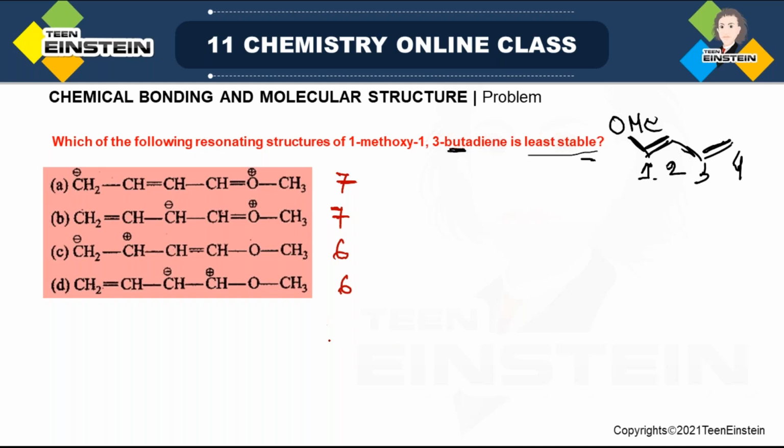Though you can say that in structures A and B there is positive charge over oxygen and oxygen is electronegative, remember, I have said that though there is positive charge, if the criteria for octet is maintained, or the criteria for maximum covalent bonds is maintained, you don't have to think about whether positive charge is over an electronegative atom or not. Now this is in terms of covalent bonds that you can easily count, but if you want to check whether octet is complete or not, that also you can do.